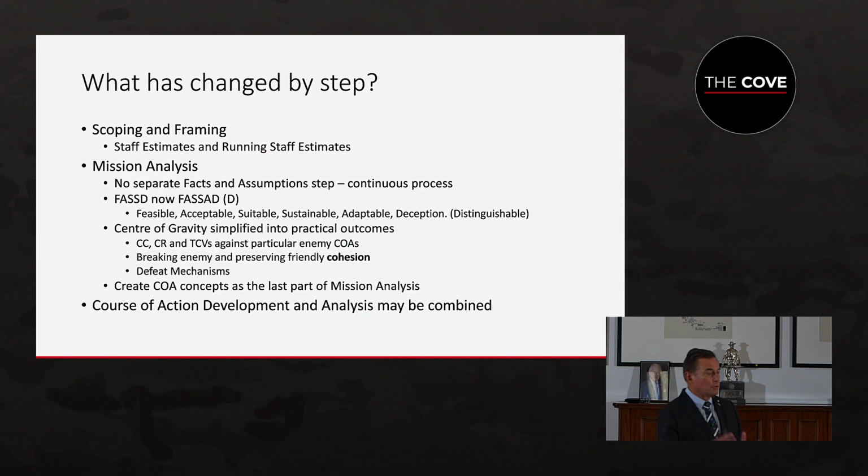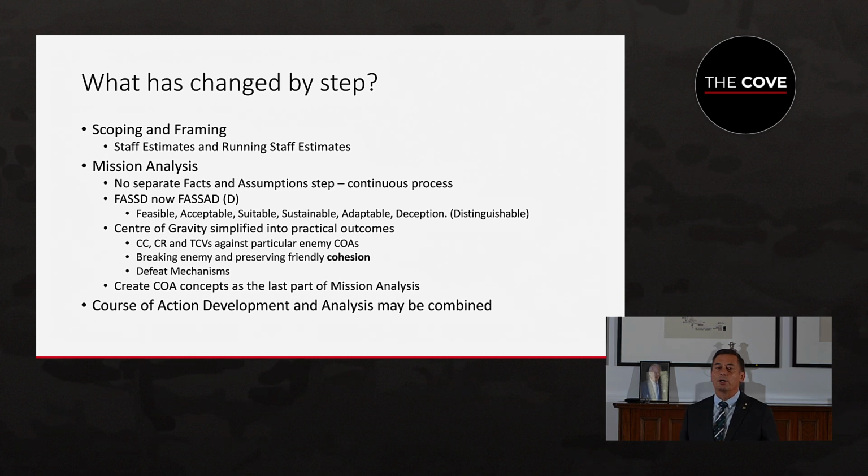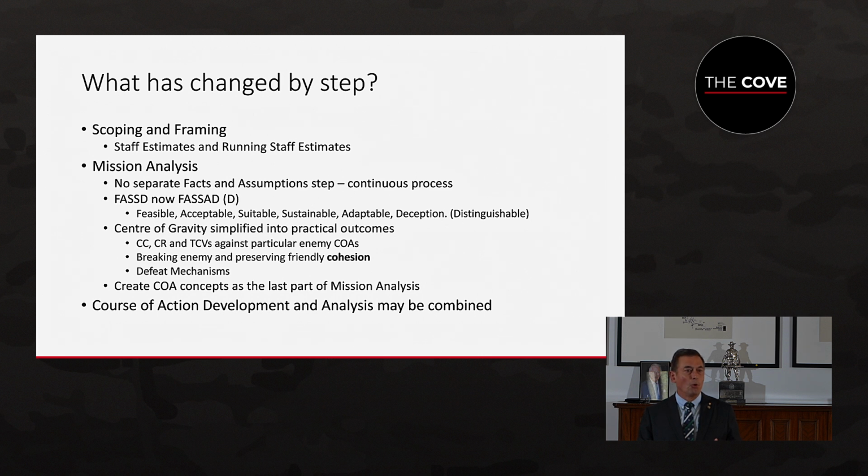Okay, so specifically what's changed by step. In the scoping and framing, we are introducing a thing called staff estimates and running staff estimates. You're going to hear a lot about that in Army now. In simple terms, it starts with a status report. So if you're the 4, for example, you should have at your perfectly formed fingertips the logistical state of your unit.